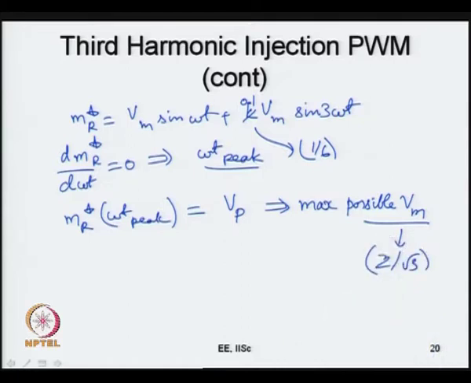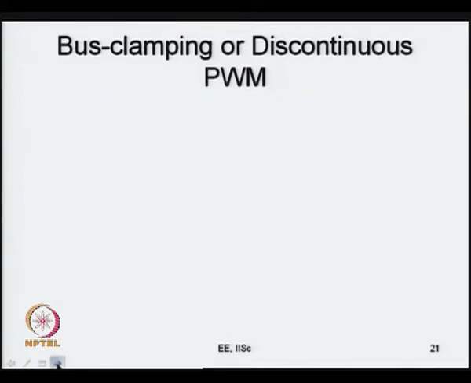For all the other cases, it will be somewhere between 1 and 2 by root 3. That is the maximum possible with k equals 1 by 6. If you go to k equals 1 by 4, you will get a number which is lower than 2 by root 3. So, this is about third harmonic injection, and let us go into the bus clamping PWM.